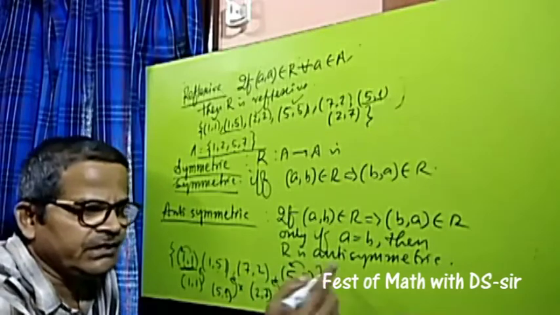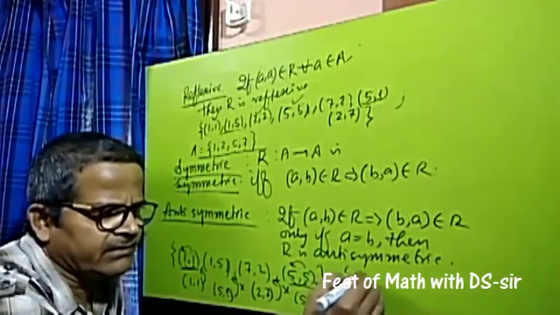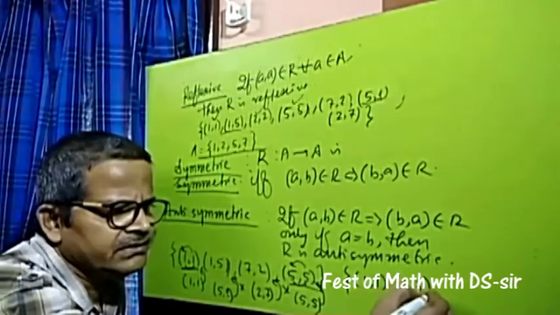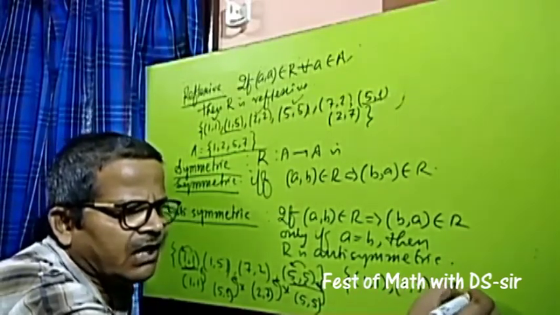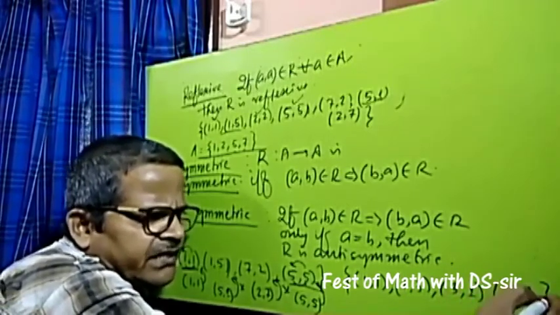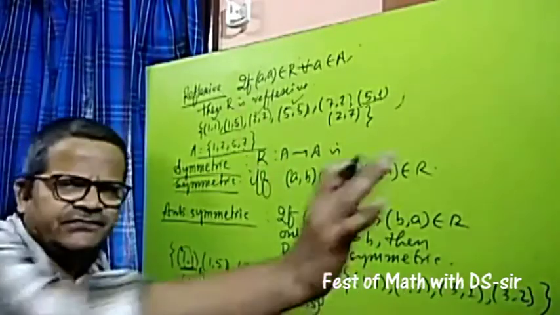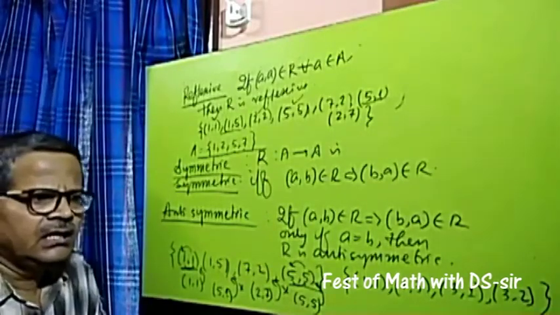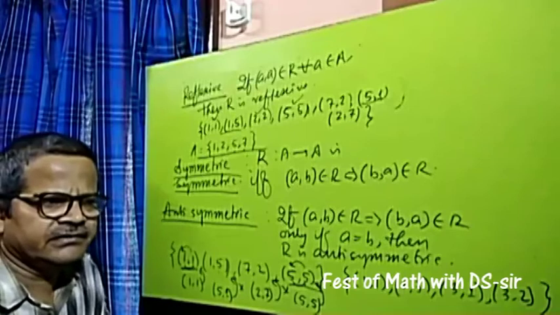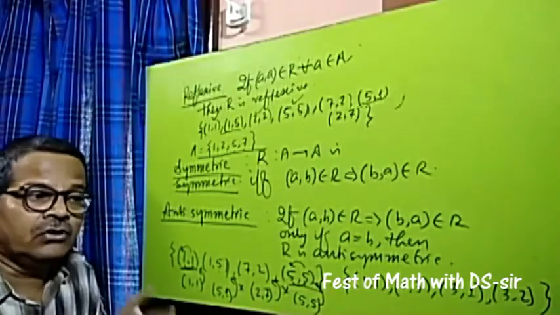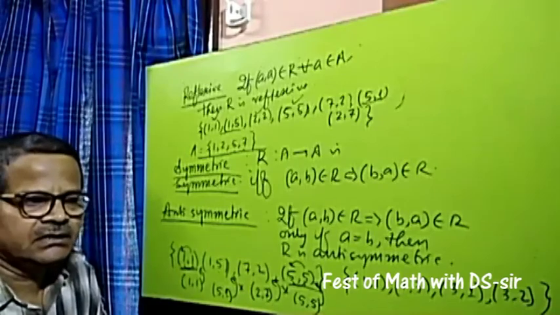If we take this relation, say (1, 1), (1, 3), (3, 1), and (3, 2) on a different set containing elements 1, 2, 3, this relation is neither symmetric nor anti-symmetric.